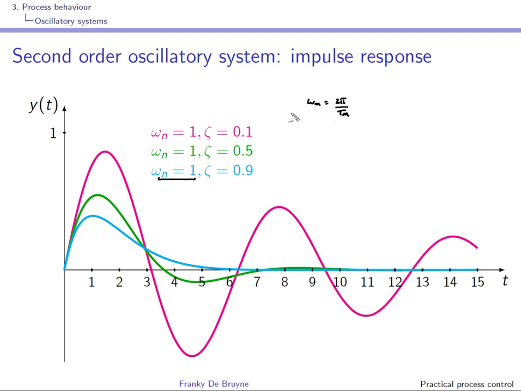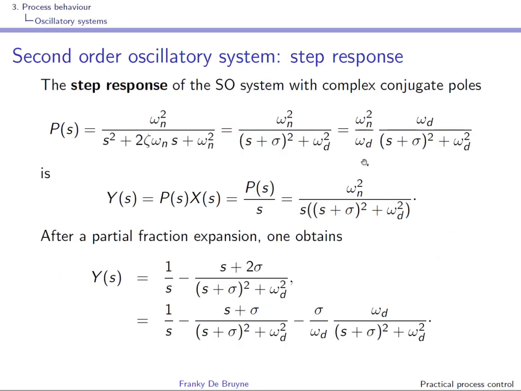So you can see it for the undamped system that the period would be 2 pi over here, and you can indeed see that when zeta is decreasing, so when the damping is decreasing, this sine takes more and more time to converge to 0, and you can start to recognize this natural undamped period.